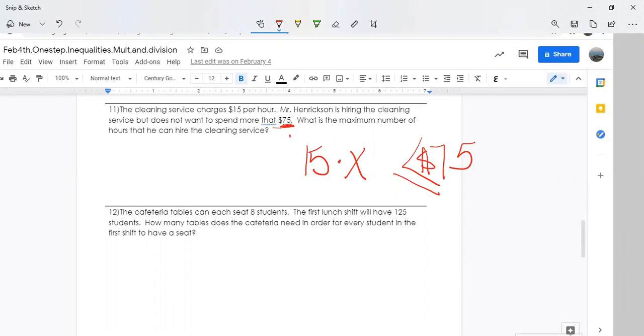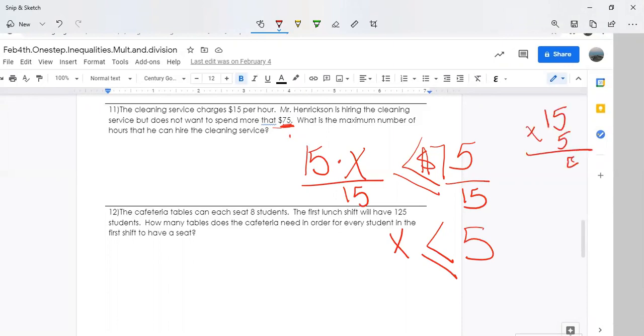So what's the maximum number of hours she can hire? So we just have to solve it. Divide both sides by 15. So x has to be less than or equal to 5. Because 15 times 5 is 75. Okay, so the maximum hours she can have is 5 hours, no more than that, because she only wants to spend $75.